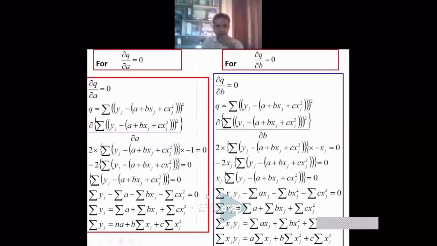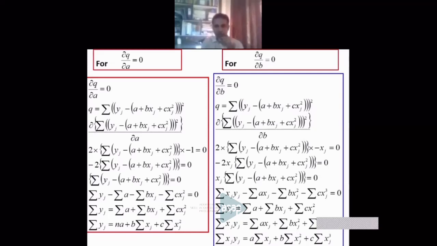We get n into a, b into sigma xj, and c into sigma xj squared. So this is the first equation that you get from dou Q by dou a equal to 0, which we will have to combine to estimate a, b, and c. Now for dou Q by dou b, we apply the same method. We already have the Q value there.